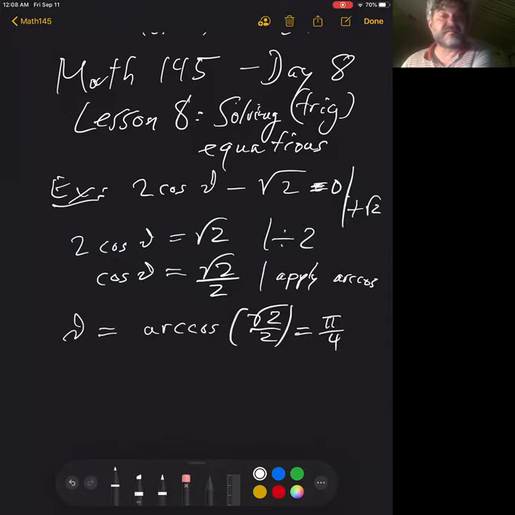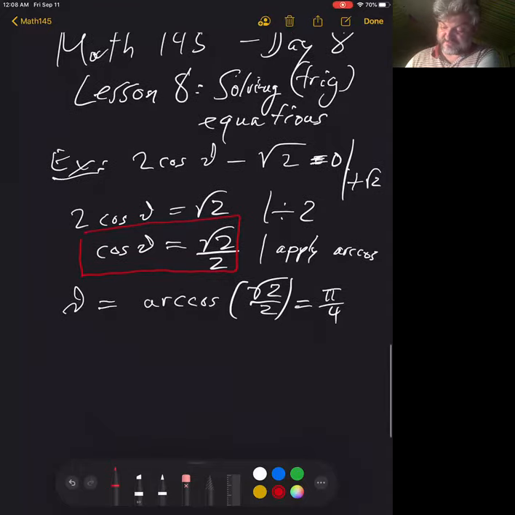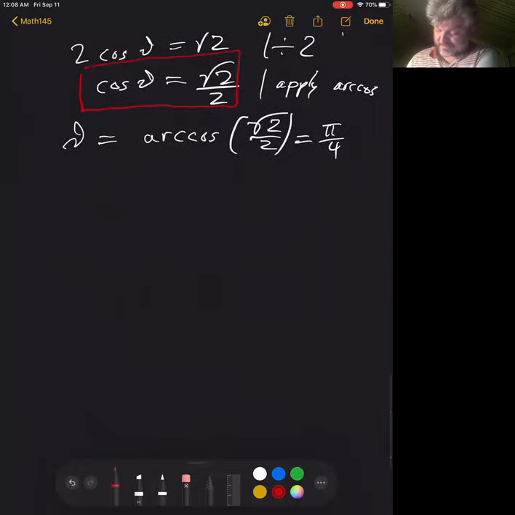However, this is not the only solution. And to figure out what other solutions are out there, it's best to really look at this equation where the cosine is by itself and see what's going on with the graph of the cosine function. Just a rough sketch.